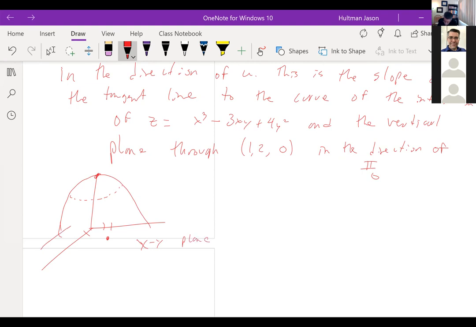So it's saying that it's a vertical plane through this thing, and the intersection of this, in the direction of pi over 6.